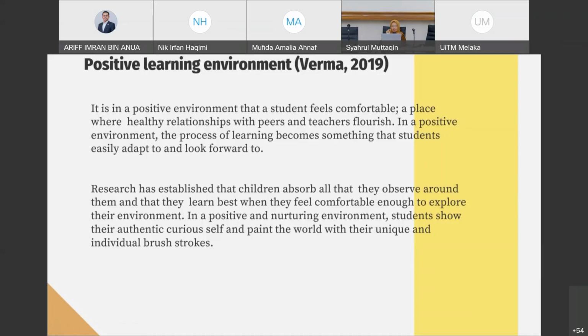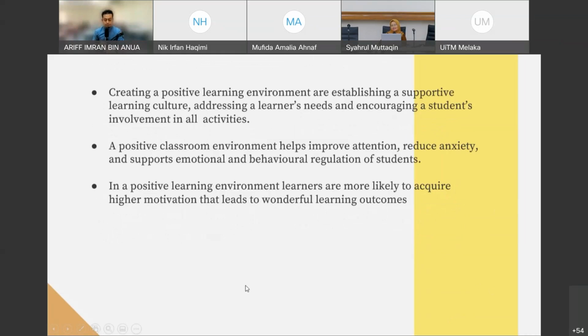The students will also show their authentic curiosity and also paint the world with their unique and individual brushstrokes. Every single student is unique. They will have their own brush and they will have their own brushstrokes. And then see, as teachers, establishing positive learning environments will need energy.